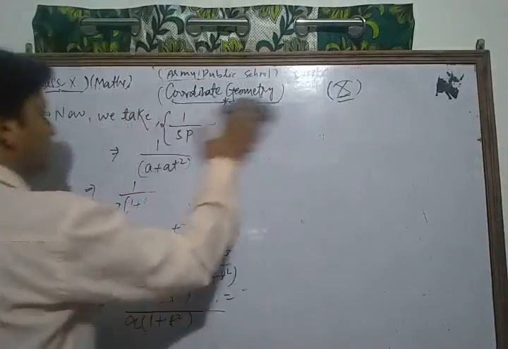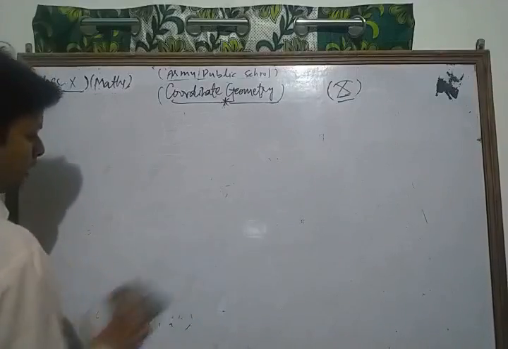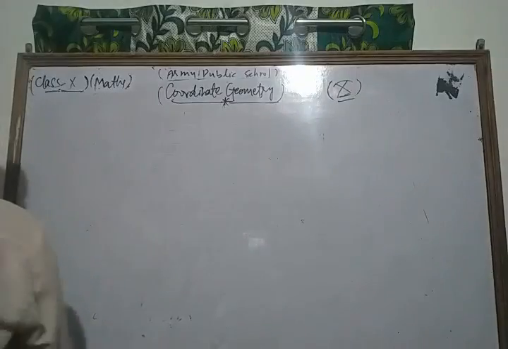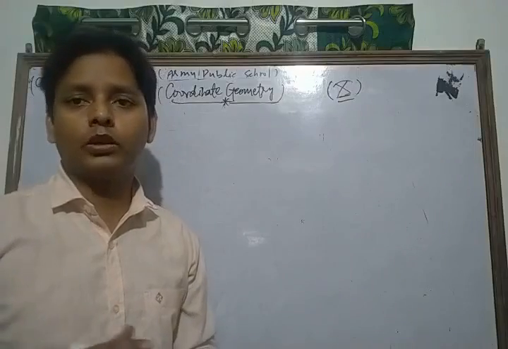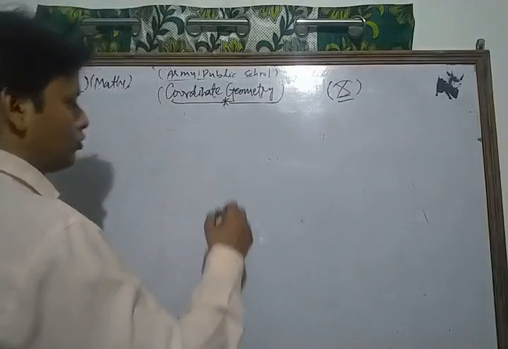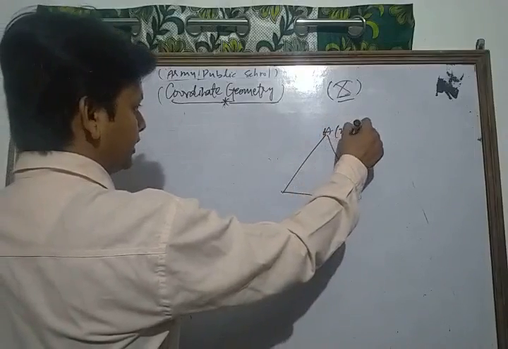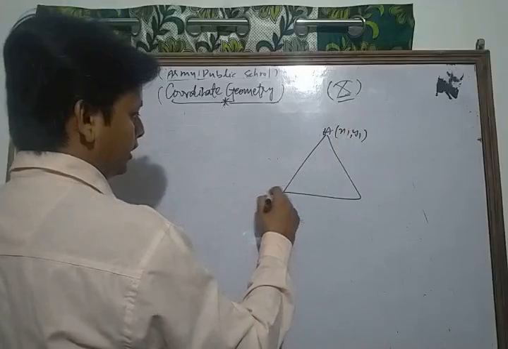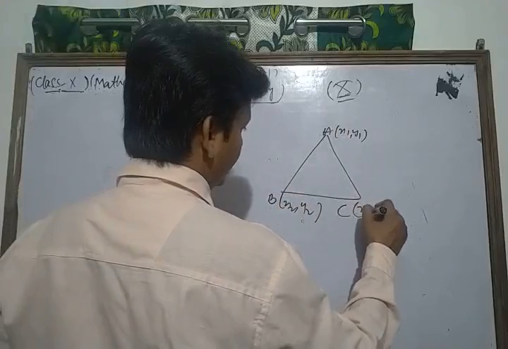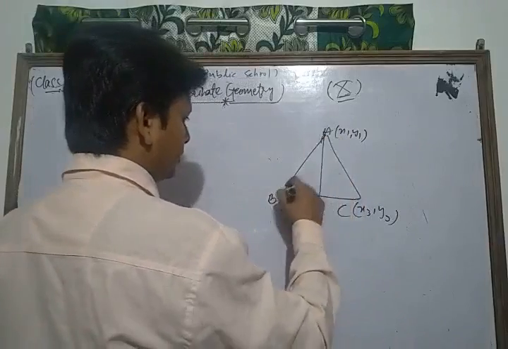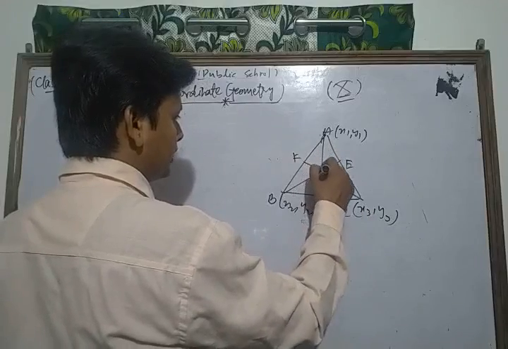Okay, now we discuss some formulas related to this chapter, but which are not in your syllabus this year. First is the formula to find the coordinates of the centroid. The centroid is the point of intersection of all three medians of a triangle. If the vertices of the triangle are A (x1, y1), B (x2, y2) and C (x3, y3), and these are the medians and the point of intersection, this is the centroid.